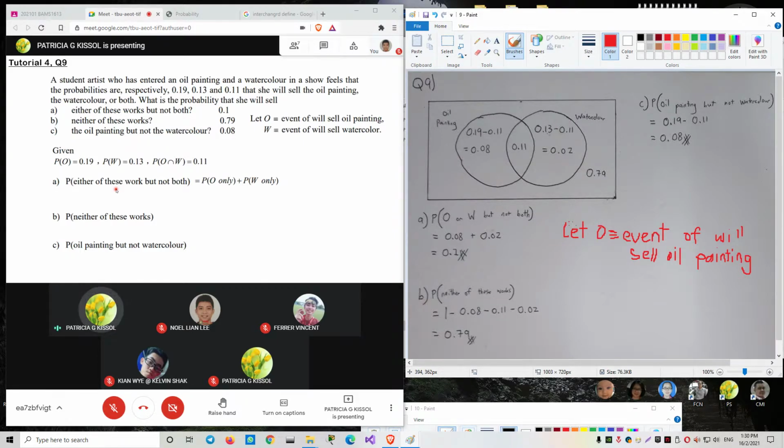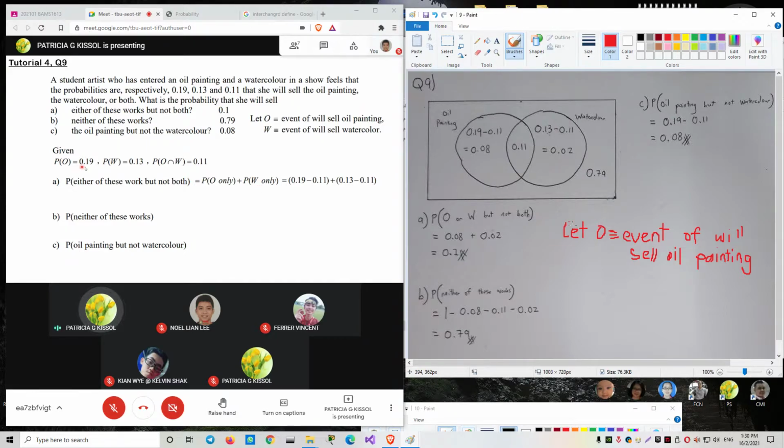To find either of these works but not both, you have to deduct the 0.11 from both the oil painting and the watercolor painting values.